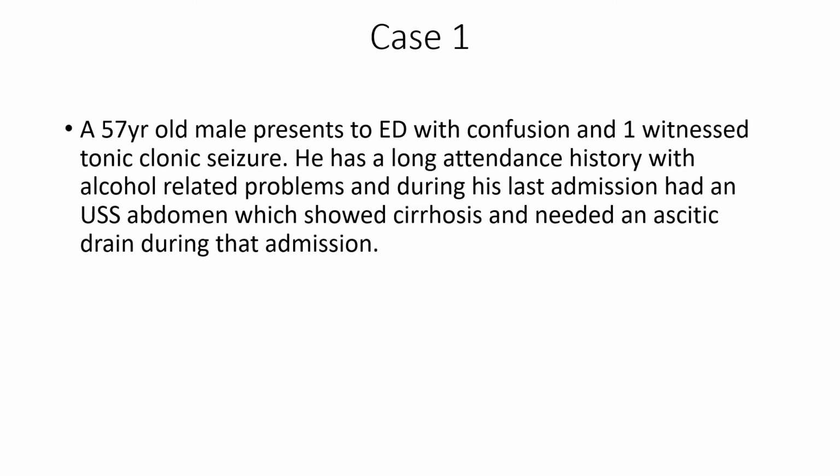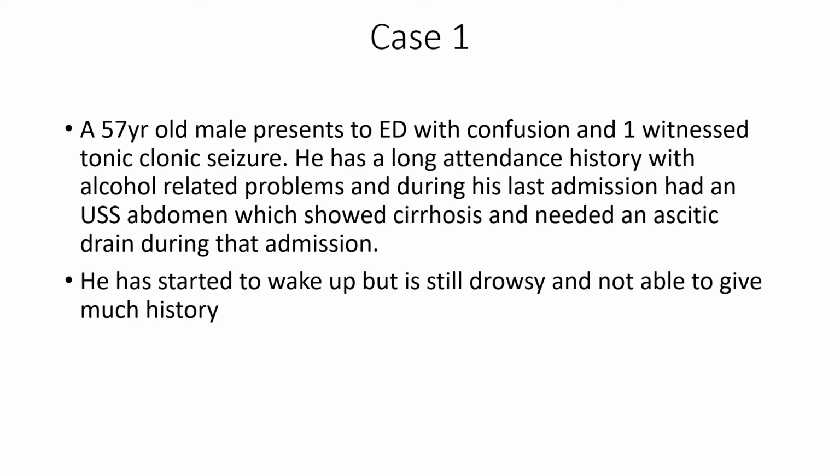So let's look at the case first of all. A 57-year-old male presents to A&E with confusion and one witnessed tonic-clonic seizure. He's been there quite a few times before with alcohol-related problems, and during his last admission, an ultrasound showed that he's cirrhotic and he's had an ascitic drain before.